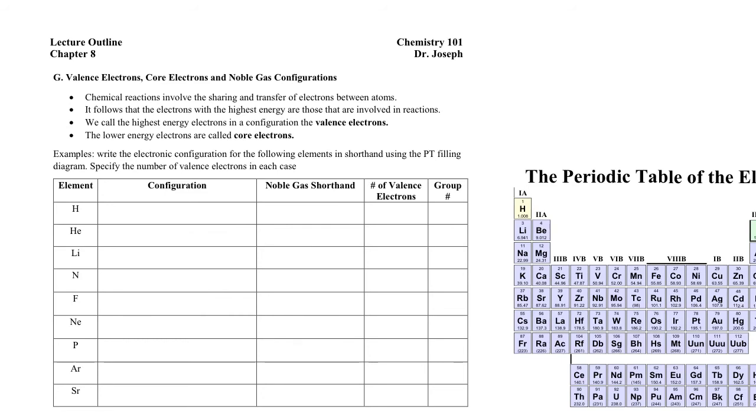And it's going to be really nice for us to see on the periodic table that the group number and the position of an element on the periodic table tells us how many valence electrons there are and the situation that they are in. And from that information, we can often predict how chemical reactions will proceed. It also follows that the lower energy electrons that we're calling core electrons are not involved in chemical reactions.